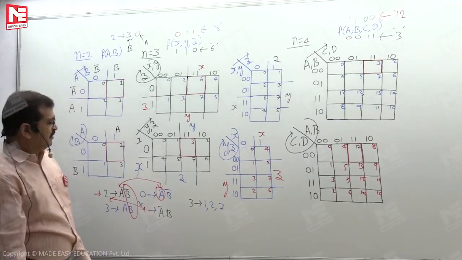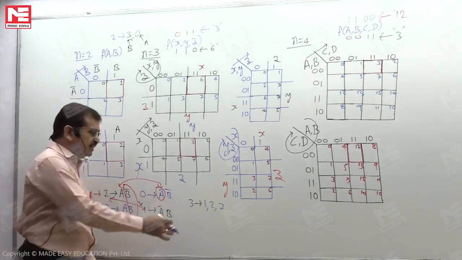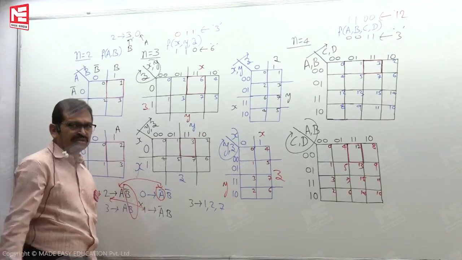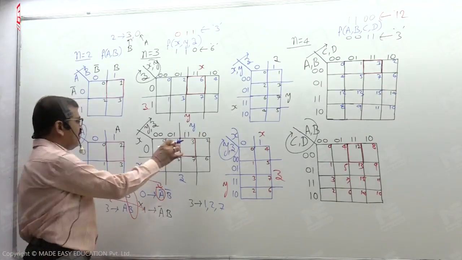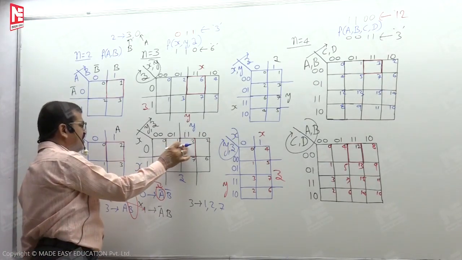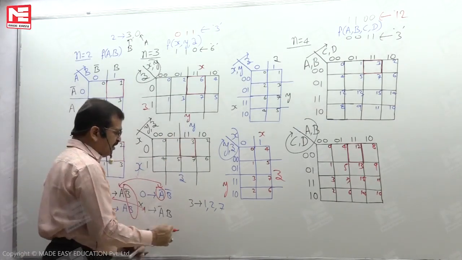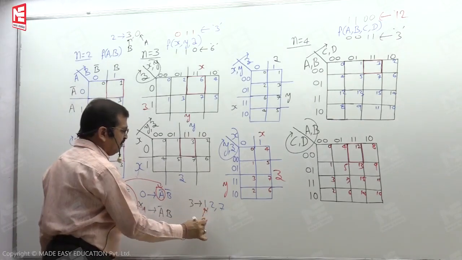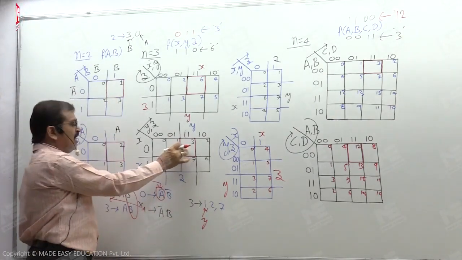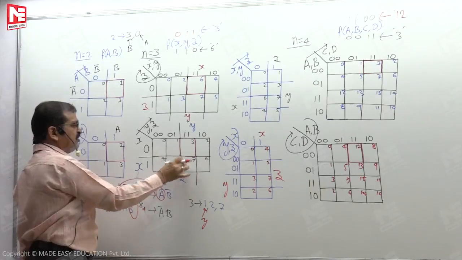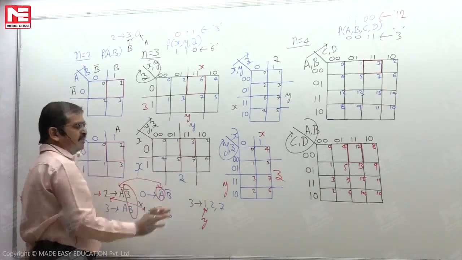With respect to which variable: cell 1 is an adjacent cell to cell 3 while differing in variable y. Cells 1 and 3 are common with respect to variables x and z, but they differ in variable y.